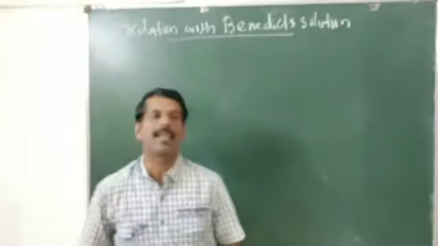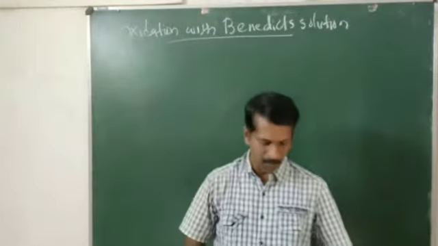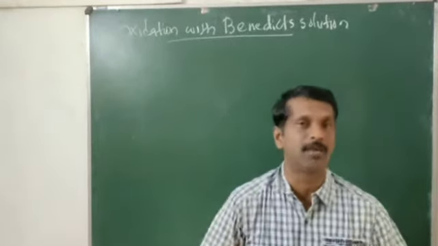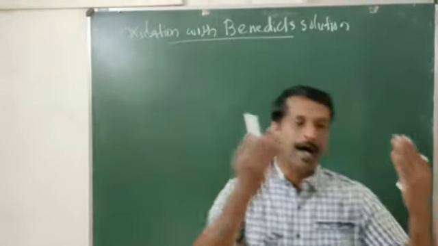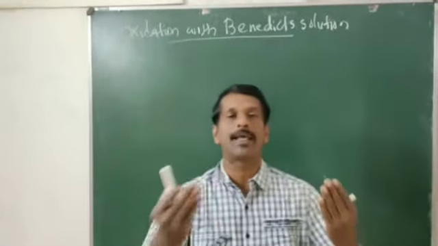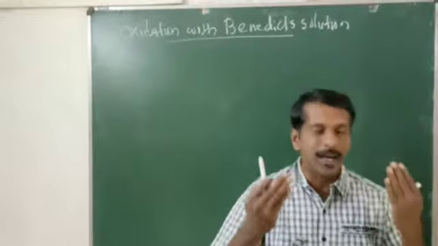Benedict solution is an alkaline solution of cupric ion complex with citrate ions, like Fehling solution. What is Fehling solution? Fehling solution is an alkaline solution of cupric ion complex with tartrate ions.